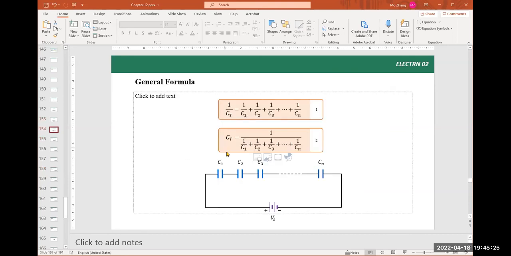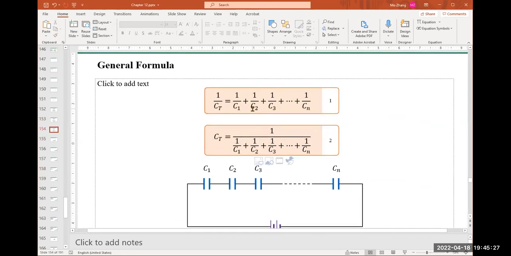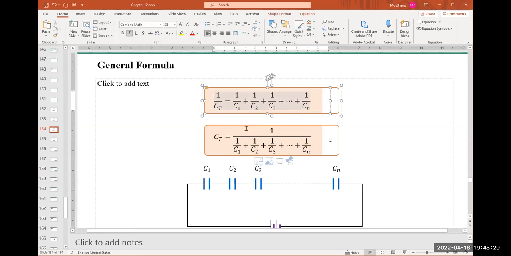Let's go back here. I try to just cover one formula. Let's cover these two. These two formulas are the same, right? The second formula is just one more step from the first one. If we take the reciprocal on the left, 1 over CT, that's CT.